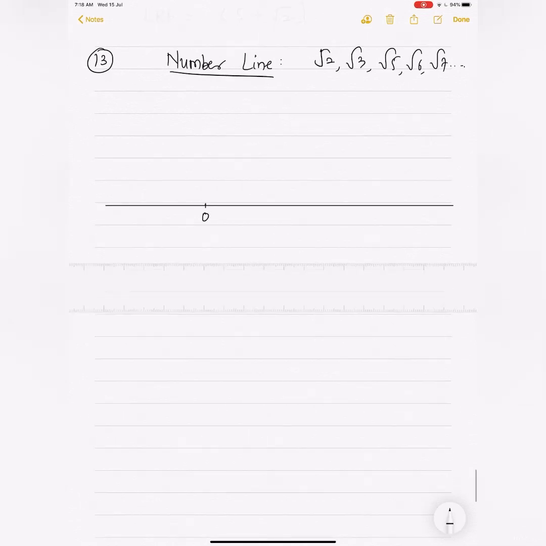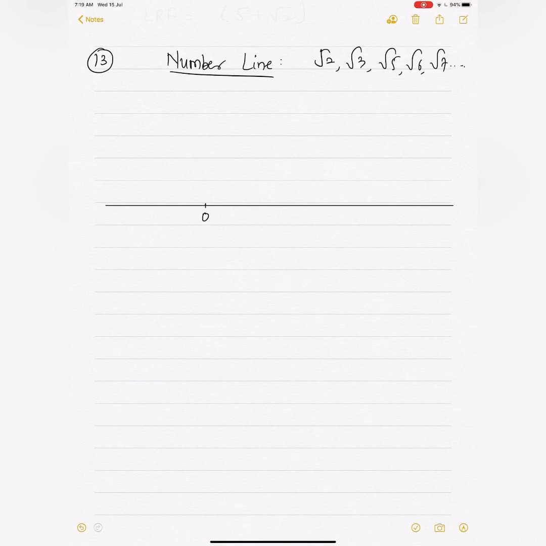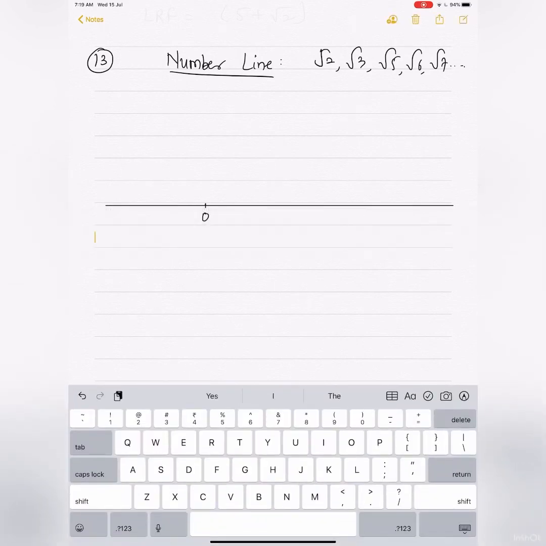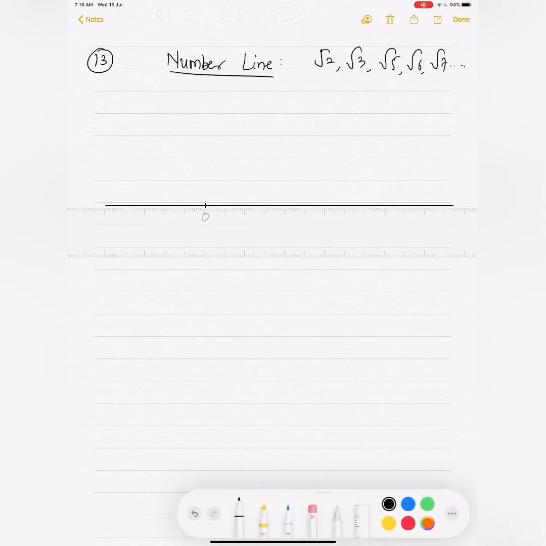Now you take 2 centimeter in your ruler, or I'll take 3 centimeter in my ruler, and I'll mark another point here, which is at 3 centimeter distance. Then one more point which is also 3 centimeter away, and one more point 3 centimeter away.